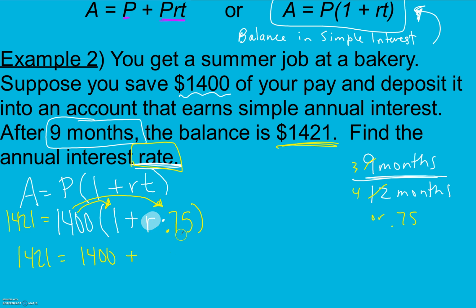It doesn't matter the order we have these. Remember, multiplication is commutative. We can move them around. So I can take 1,400 times 0.75 and get 1050R. Now, I'm going to go ahead and subtract because both sides are as simple as I can get them.